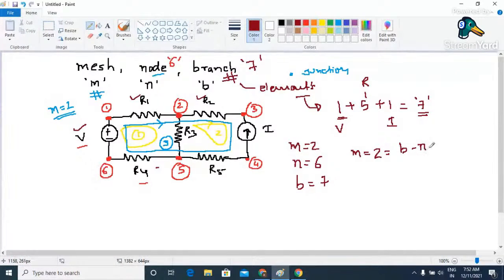In this case, how many branches are there? We have 7 branches. And how many nodes? We have 6 nodes, and then we need to add 1, which is in the formula itself. So 7 minus 6 is 1, and 1 plus 1 is nothing but 2. See, we are getting the same value.